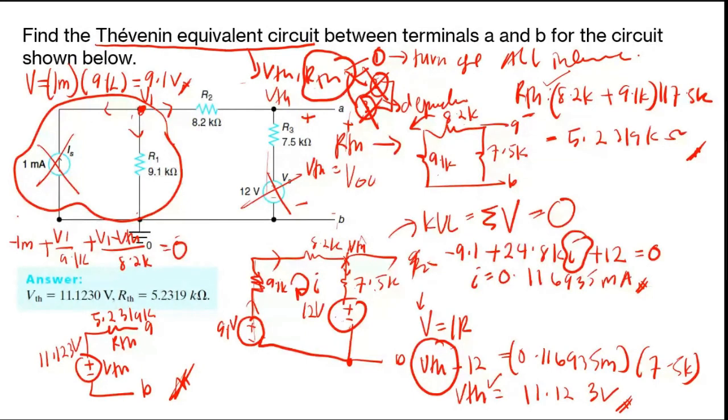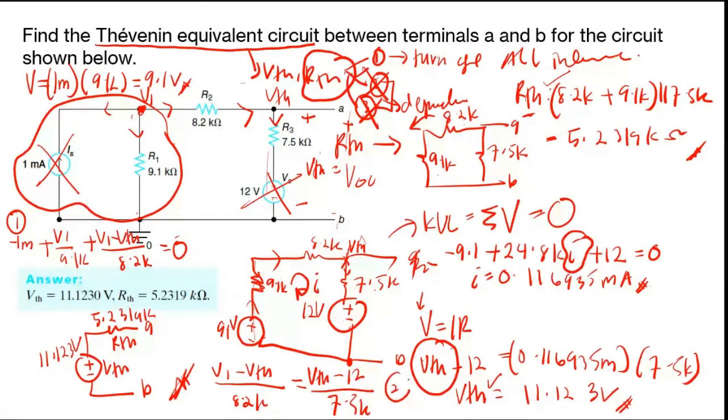So this is your first equation. For the second equation, in this direction, let's say this one goes in and this one goes out. For that equation, I write here: V1 minus VTH over 8.2K equals VTH minus V12, over 7.5.